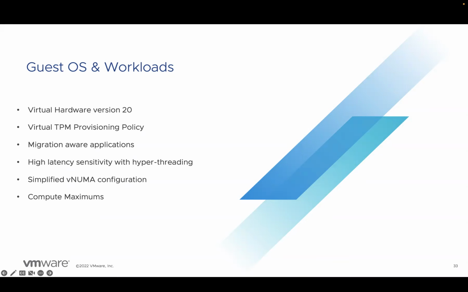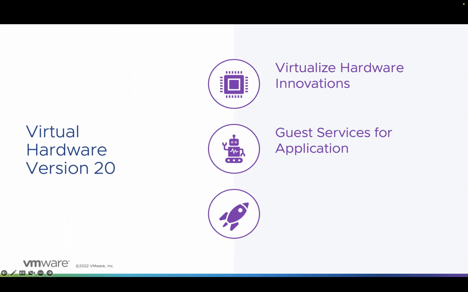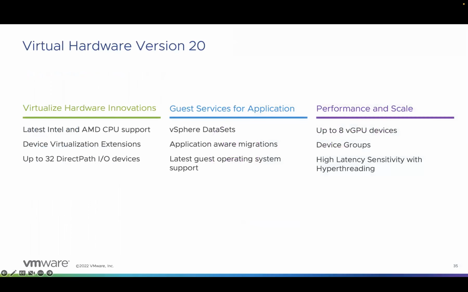Also updating our high latency sensitivity settings to now support hyperthreading. There's a simplified NUMA configuration, and we'll look at some of the compute maximums that have gone up in this release. So the theme of our virtual hardware version 20 is virtualizing hardware innovations, guest services for application, and performance and scale. So these are some of the areas that we'll talk about.